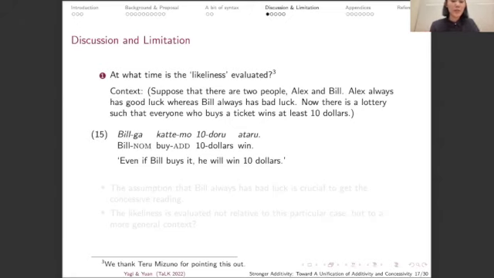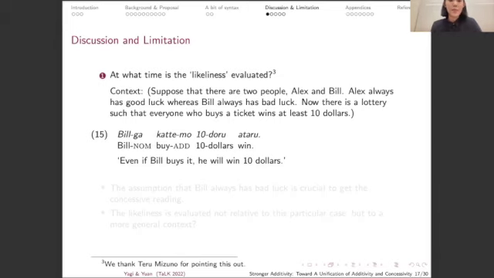So here we have another example. Suppose that there are two people, Alex and Bill. Alex always has good luck, whereas Bill always has bad luck. Now there's a lottery such that everyone who buys a ticket wins at least $10. Okay, so then here we have 15.